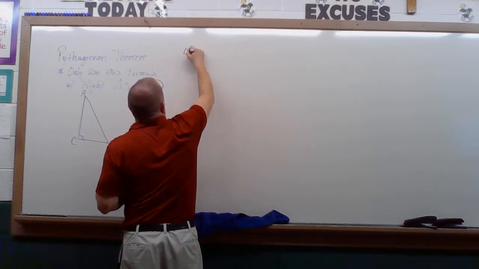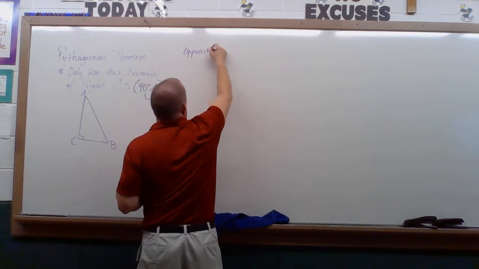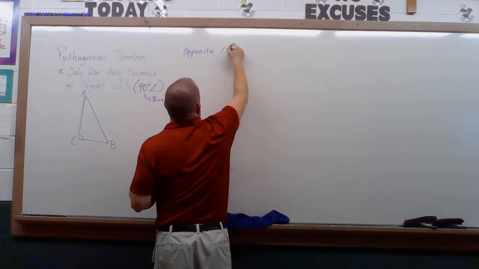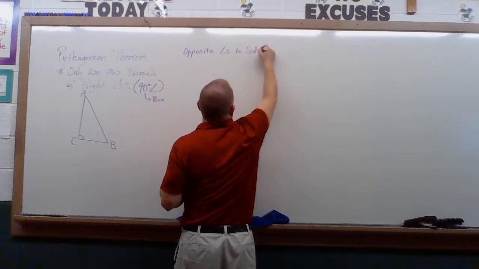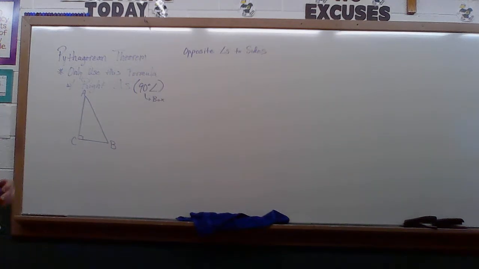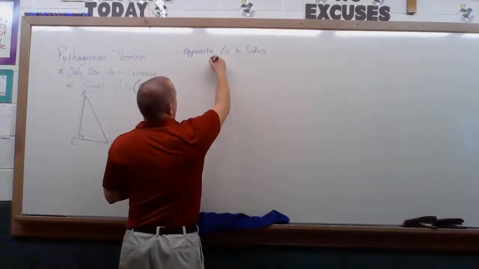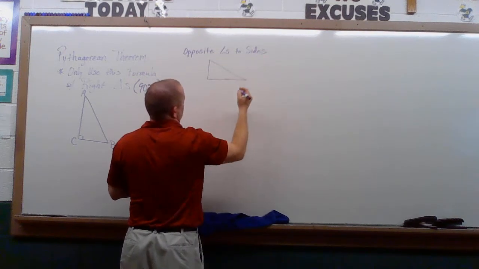Remember when we talked just a little bit ago about opposite angles and sides? I had my triangle that I had up here, and I was showing you the opposite angles to sides. I'm going to draw some kind of triangle, it doesn't really matter.